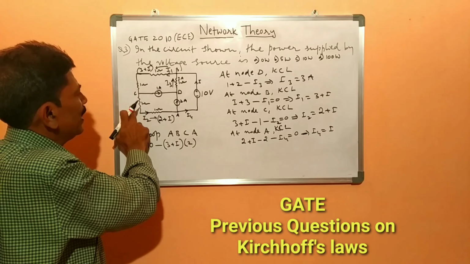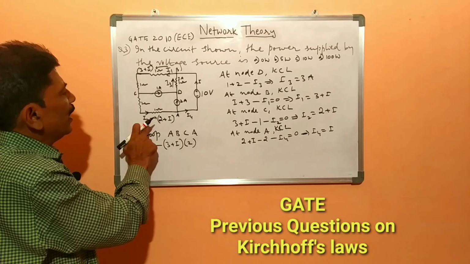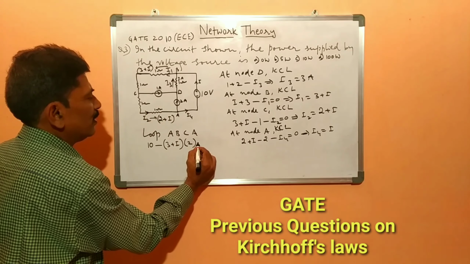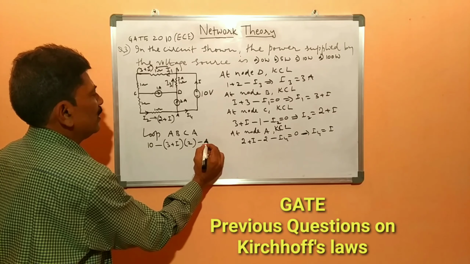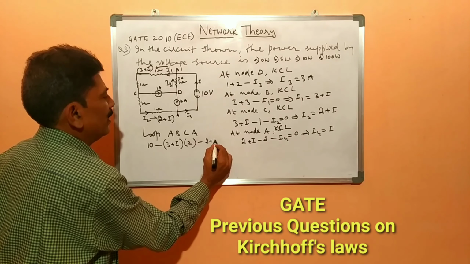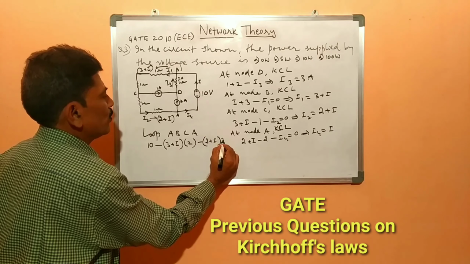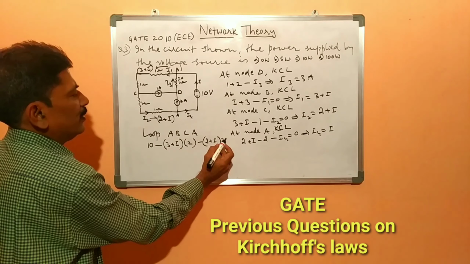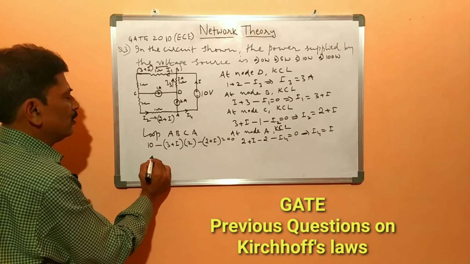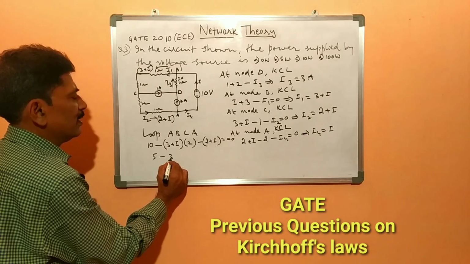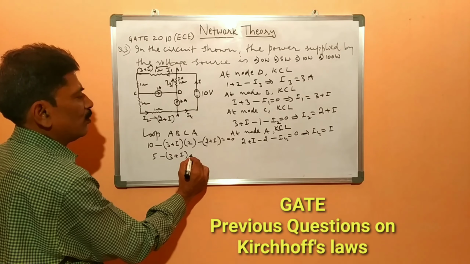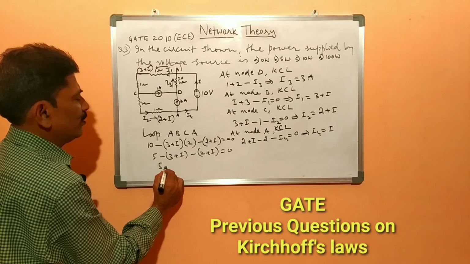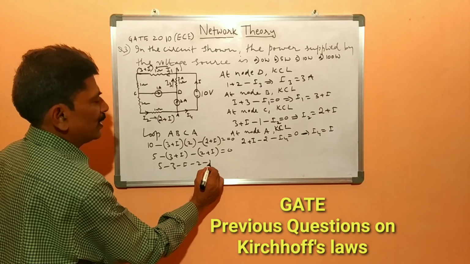And in this branch, what are the voltage drops? I2 into 1 and I2 into 1. So we can write minus 2 plus I into again 2 ohms, or 2 into 2 plus I, equal to 0. Dividing the equation by 2, you will get 5 minus 3 plus I minus 2 plus I is equal to 0, that is 5 minus 3 minus I minus 2 minus I is equal to 0.